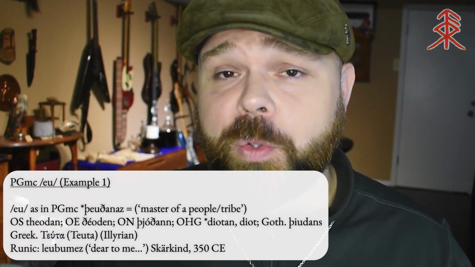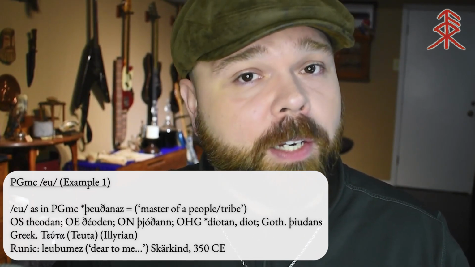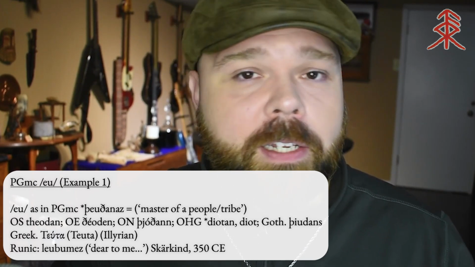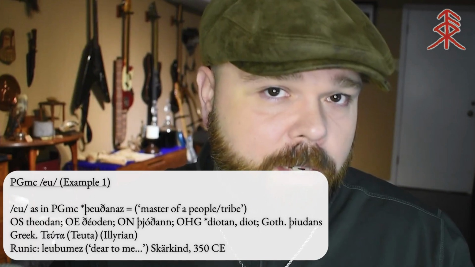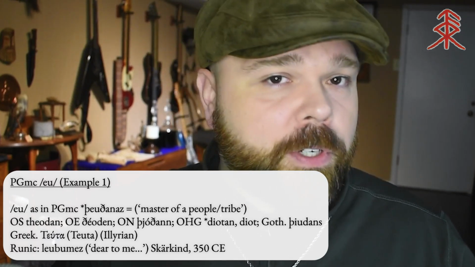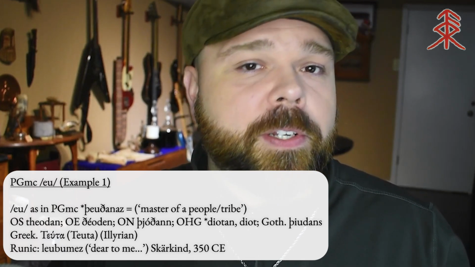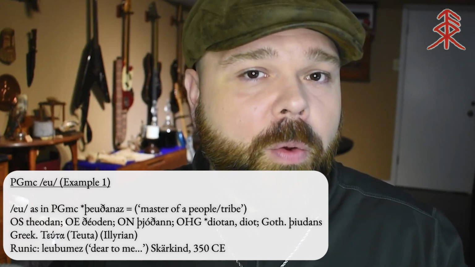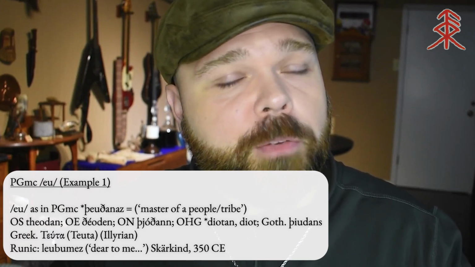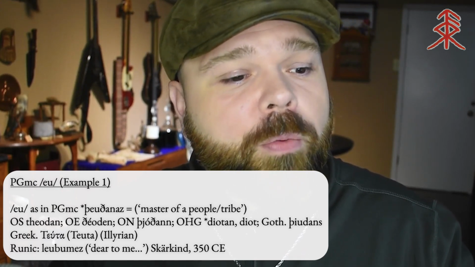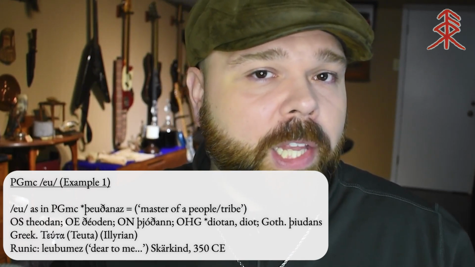And then if we look into Greek, specifically Illyrian, we see Teuta. So that EU is preserved in this example of Greek. It's also preserved in runic. And really in the oldest attestations, you have that EU. And so we would reconstruct that into Proto-Germanic as EU, and then say, okay, these other languages went through shifts specific to those languages.